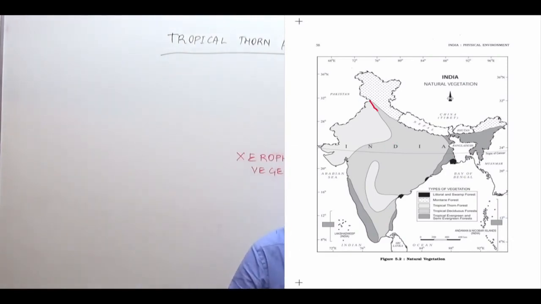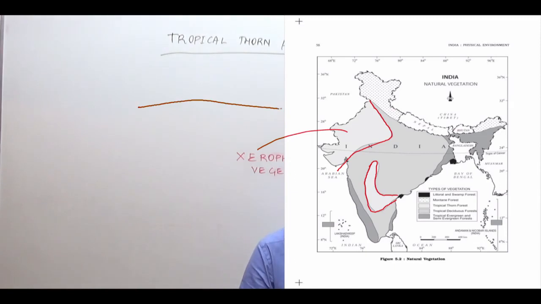Can you see this area? This area, that is the Rajasthan region, Gujarat region, and also a narrow strip which runs parallel to the Western Ghat region. This is the region of a tropical thorn forest.